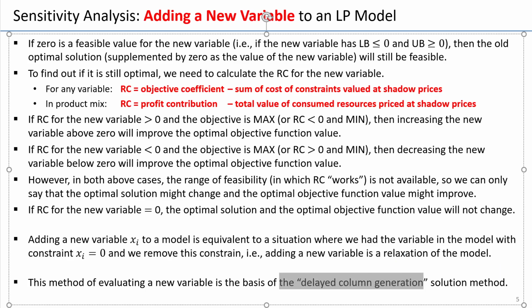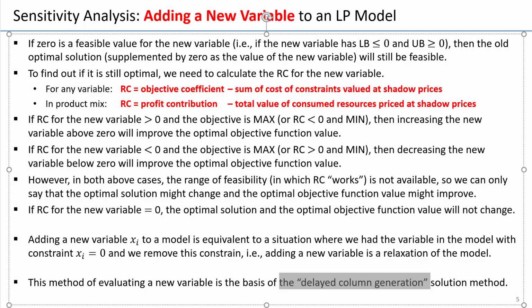Delayed column generation works really well when you have a problem with a very large number of decision variables. If you have a very large number of decision variables, maybe you cannot even generate the model because it would be too large. It would have too many decision variables.